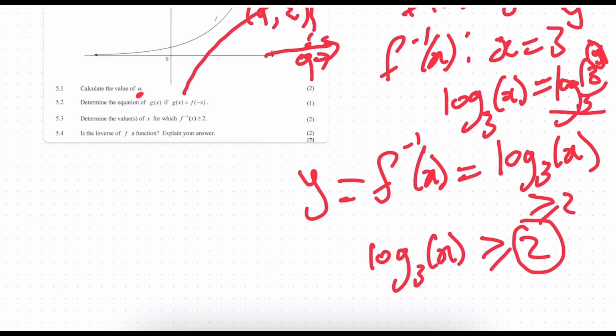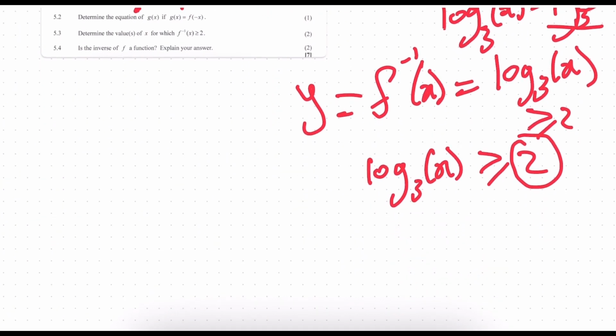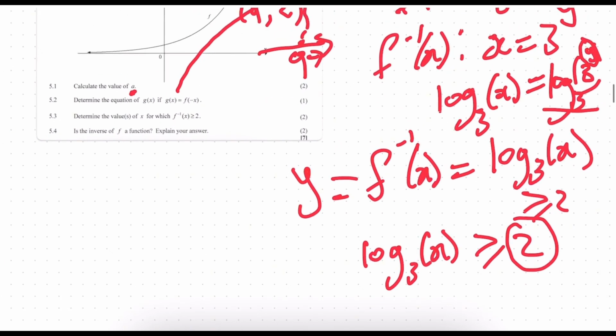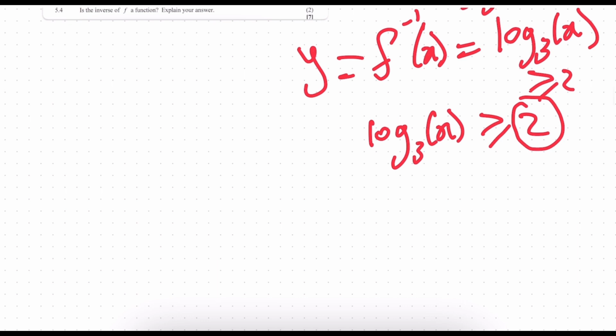Let me phrase it this way. You remember what we did here. We killed 3 to the power of y to be y by introducing log base 3. That means if you were to undo this thing so that you get rid of that, you would be left with x greater than or equal to 3 to the power of 2.